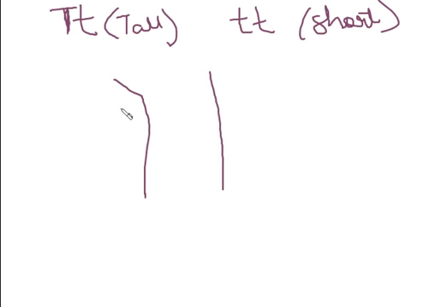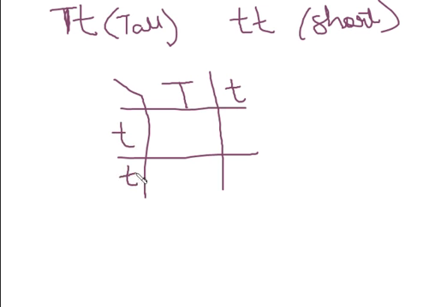So we draw the Punnett square, and let's say this is how the genes would break up in the father, and this is in the mother.